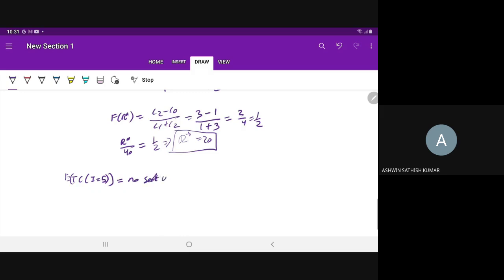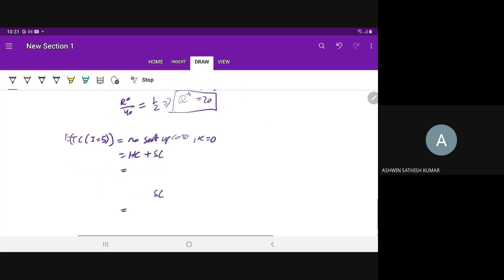No setup cost, that is K equal to 0. So it has only the holding cost plus shortage cost. What is the expected holding cost?